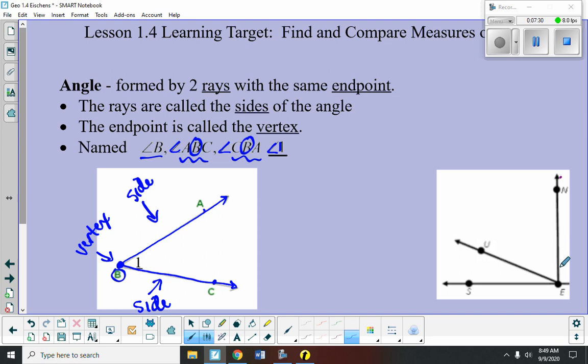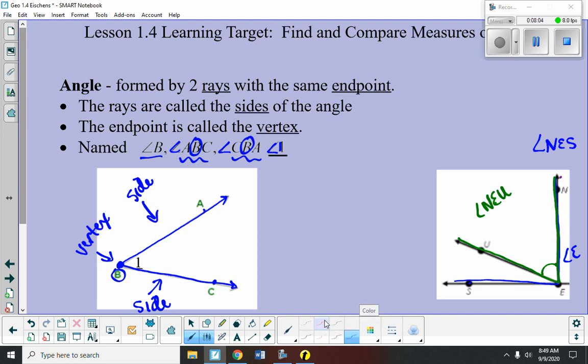But if we look right here, if we were to say angle E, you wouldn't know for sure which angle you're talking about, because in this figure, you have the large angle right here, which is angle NES, or you could say angle SEN. You also have this angle right here, angle NEU, or angle UEN, and I'm going to mark it like this.